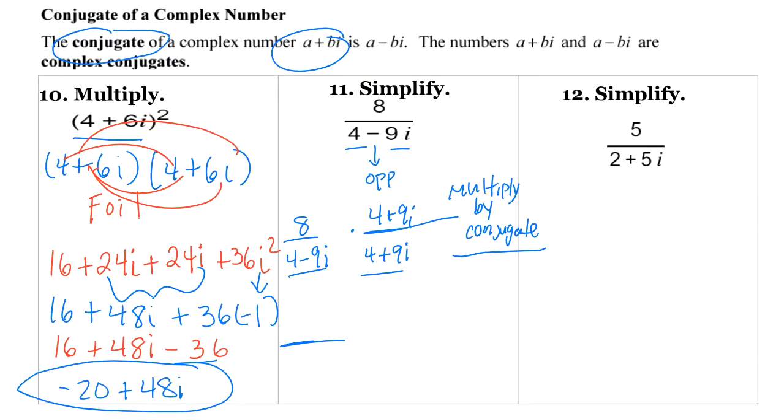The only thing you really have to do is the first times the first, and then the last times the last. So the first times the first, 4 times 4, gives me 16, and then I just multiply the last two terms. I get -81i squared.